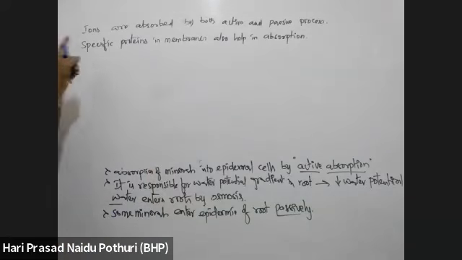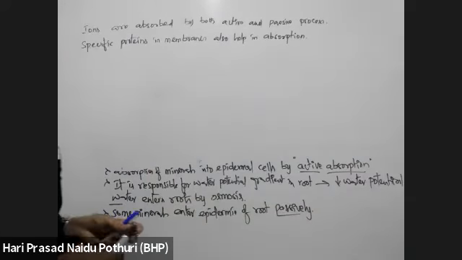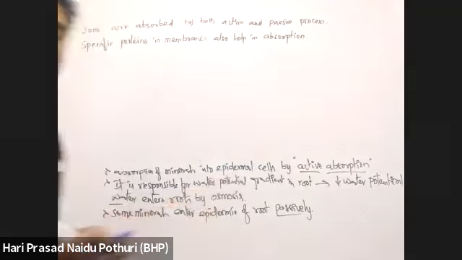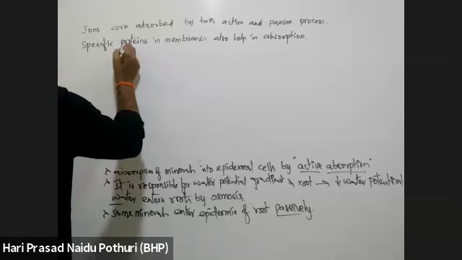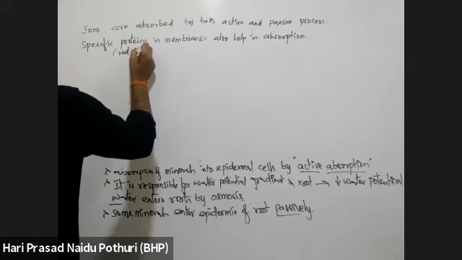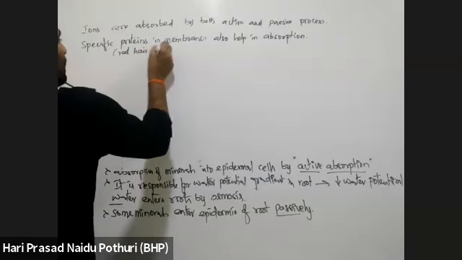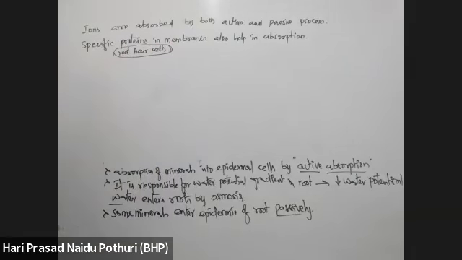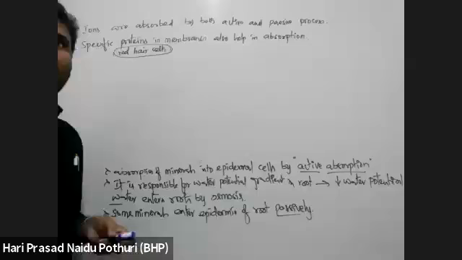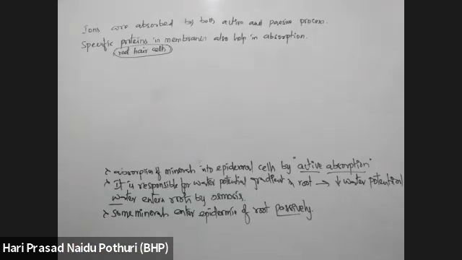So, some membrane proteins are responsible for active absorption. They help in absorption also. Membrane proteins present in root hair cells are responsible for uptake of minerals or ions into the root cells from the soil.